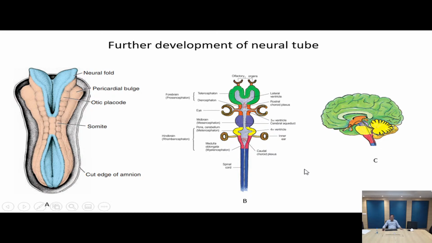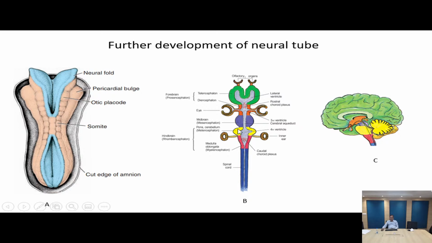So I was telling you that this rhombencephalon has two parts. The part which is red in color is the myelencephalon, and the part which is yellow in color is the metencephalon. Now, the myelencephalon gives rise to the medulla oblongata, while the metencephalon over here gives rise to the pons and the cerebellum.